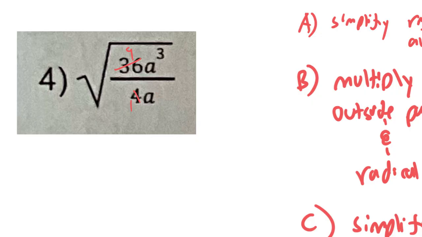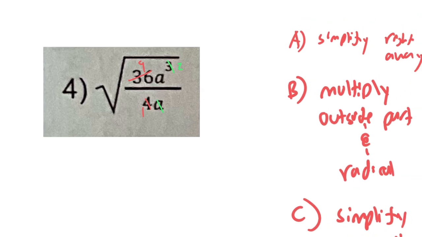So one of the A's up here is going to cancel with the A down here. So that would result in this thing being canceled, and then you have that 2. Now, in case that's confusing, just remember there's another law that says a to the third over a to the first. You could just keep the base and subtract the exponents. 3 minus 1 would give you a 2.